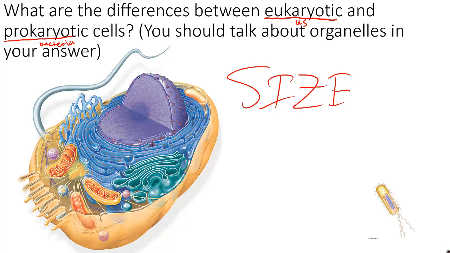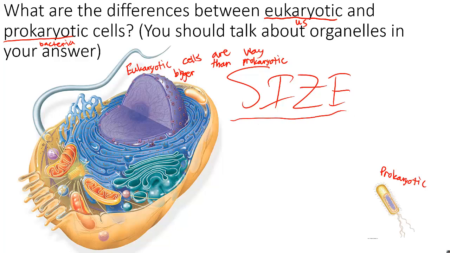Eukaryotic cells are way bigger than prokaryotic. Okay? Our cells are much bigger than bacteria. The first difference is size. But it's hard to see this, so I'm going to make the bacteria look bigger. It doesn't actually look that big.